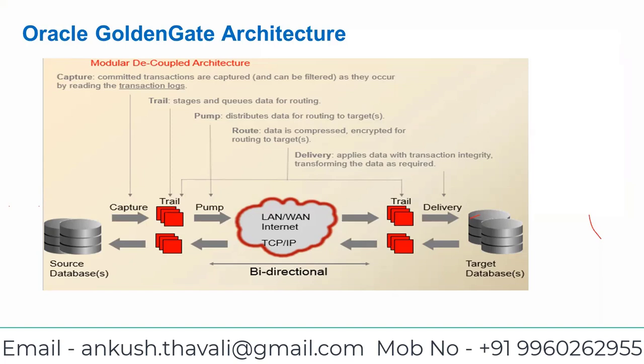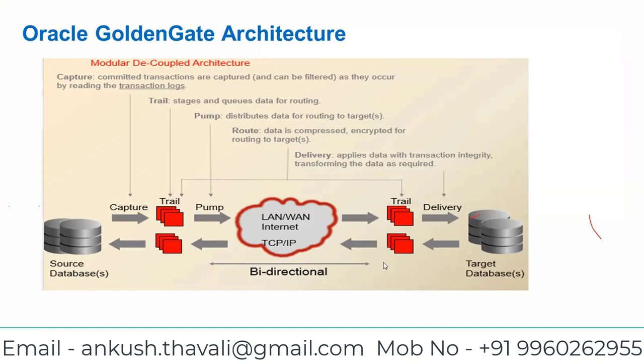Each GoldenGate installation has its own manager. So when you are sending data from source to target, you will have two managers, one on source and one on target. The pump process establishes connectivity with the target manager. As soon as the connectivity is established, the target manager starts a background collector process, and the pump process then sends the data.